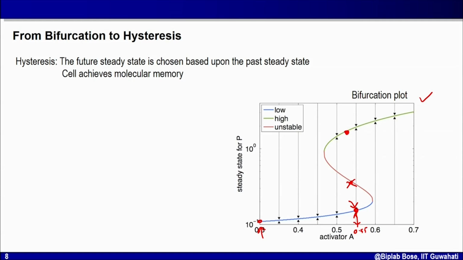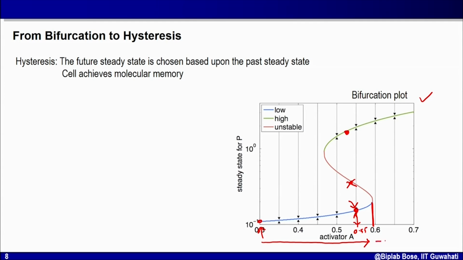This will happen till I reach near 0.6. In this whole range of A, the system will always remain on this blue line. Although for some values of A it has a chance to go to the higher value, it will not go there because on the direction field it is far away. The system is already in the lower steady state, so it will stay there.